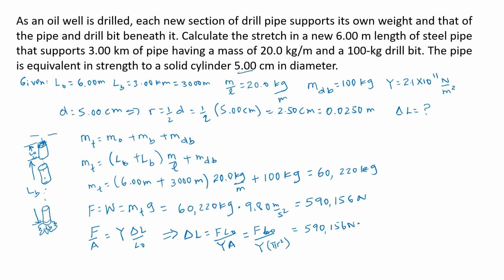The original length of the newly added pipe is 6 meters. Divide the whole thing by Y, which is table value 2.1 times 10 to the 11 Newton per meter squared, multiplied by pi, multiplied by the radius squared, which is 0.0250 meters squared.